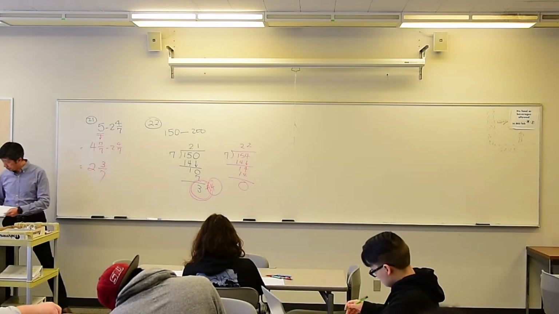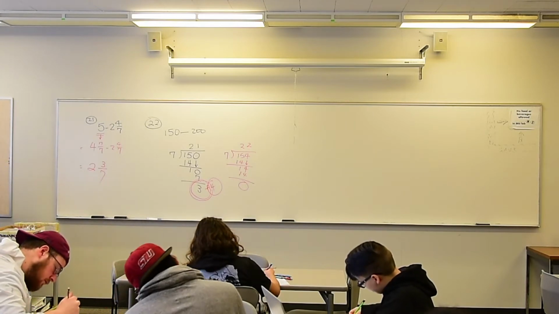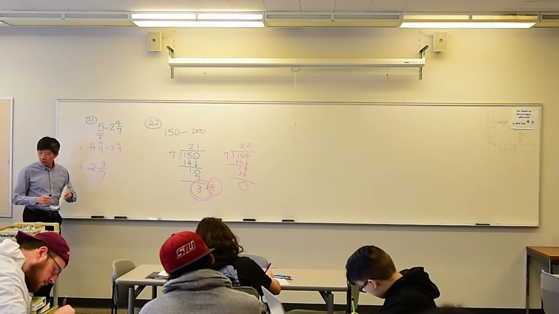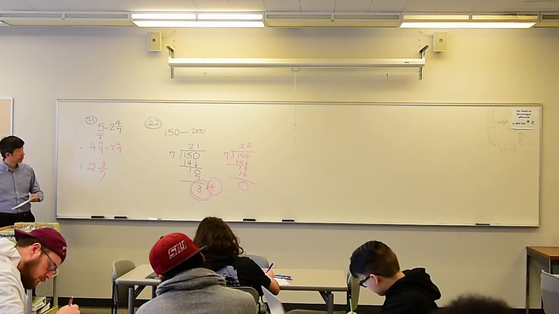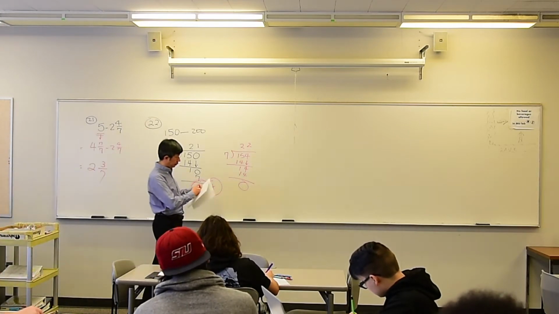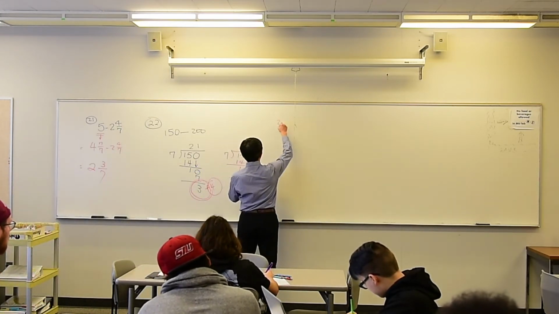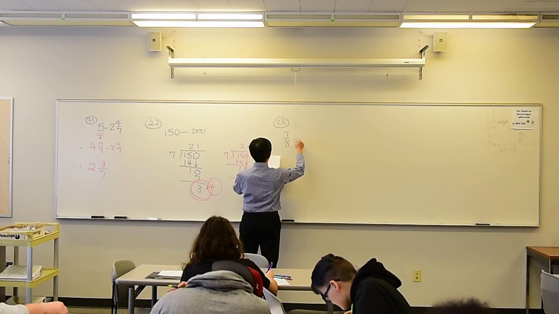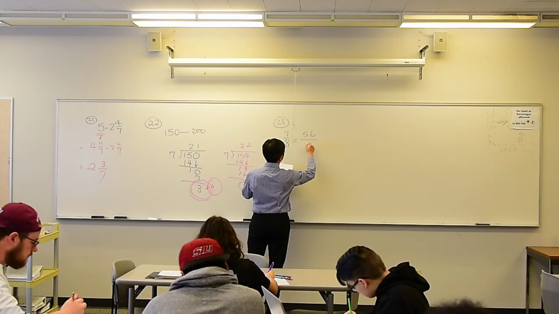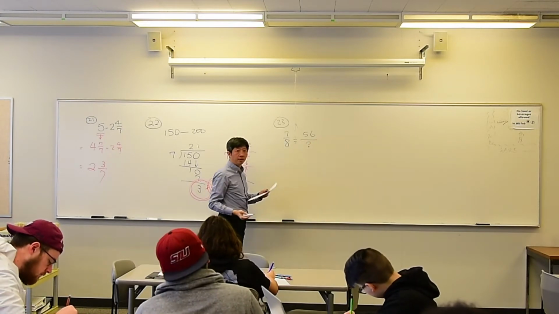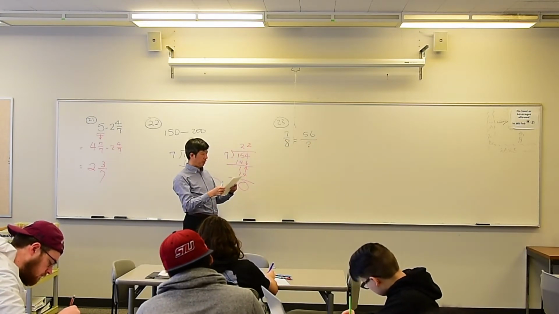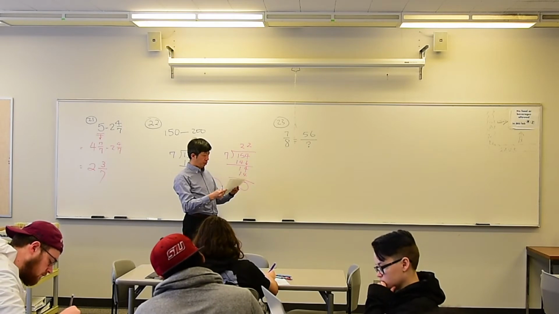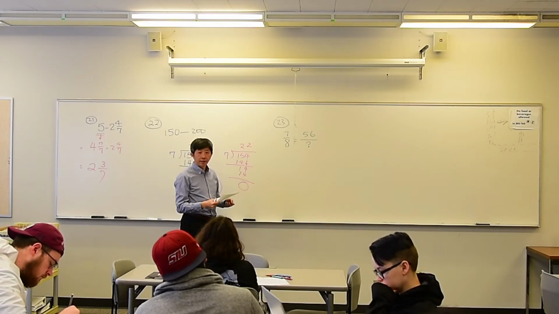Number 23. 7 over 56 equals x over 64? Basically, can we just cross multiply, right?